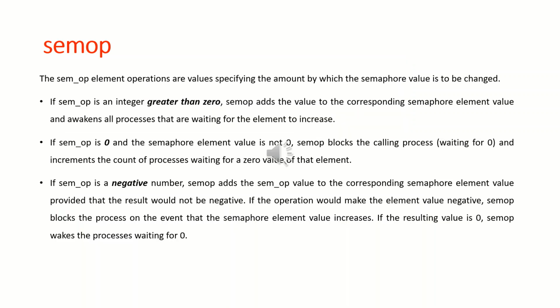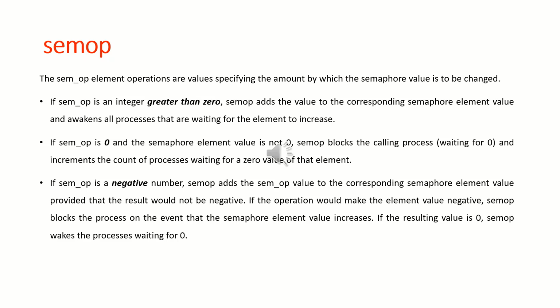The sem_op elements specify the amount by which the semaphore value is to be changed. If sem_op is greater than 0, semop adds the value to the corresponding semaphore element value and awakens all processes that are waiting for the element to increase.